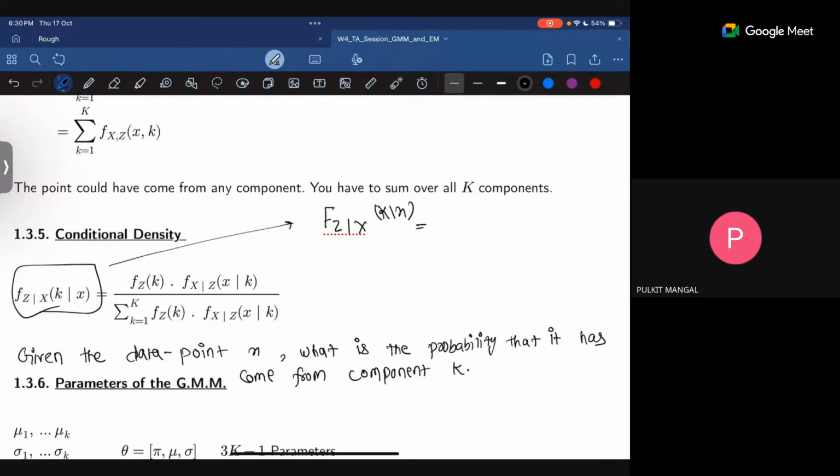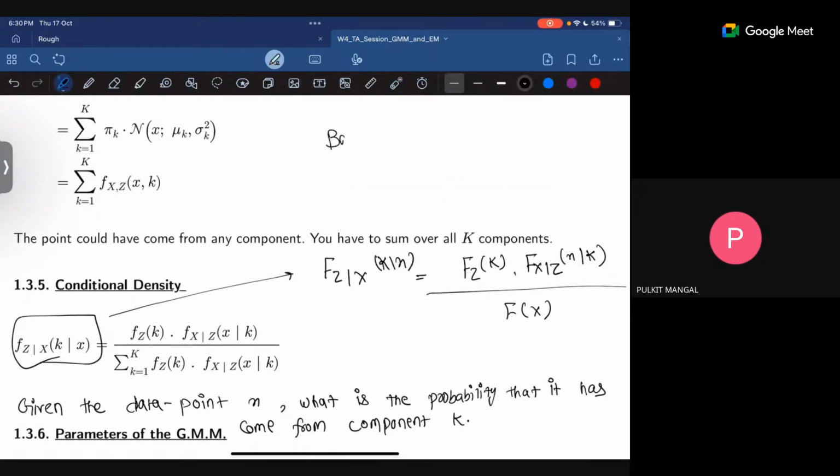Or using Bayes theorem, you can write this as f(z=k) times f(x given z) divided by f(x). What we did here was Bayes theorem. Remember, probability of A given B is probability of A times probability of B given A divided by probability of B. This was the Bayes theorem.